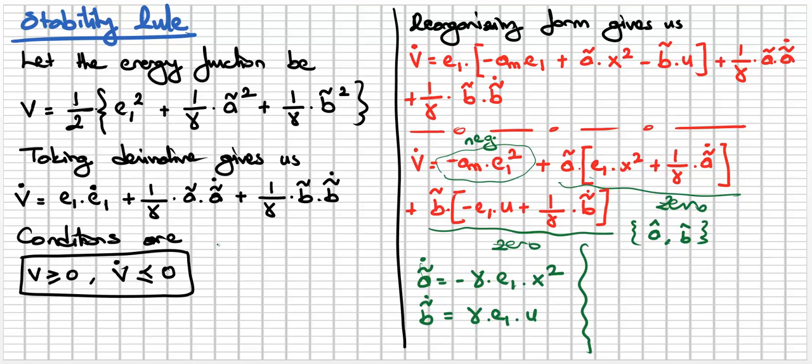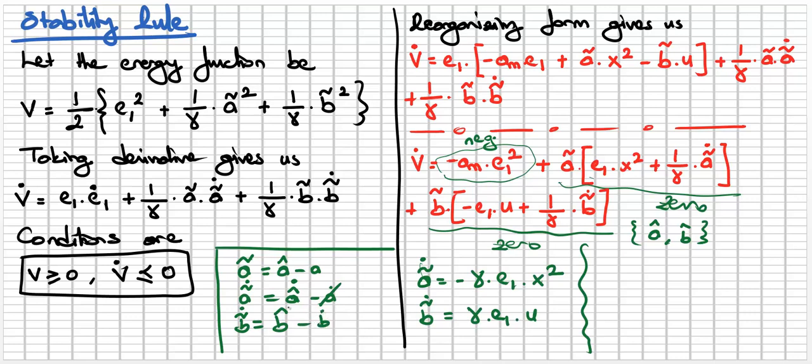Remember that we have the formula for the A estimated value, A hat minus A, and if we take the derivative in here, A hat dot and A dot, A should be constant, or we assume that it's constant, and so this should be 0. Also B estimated dot is equal to B hat dot minus B dot, and so B estimated dot should also be equal to the B hat dot value.